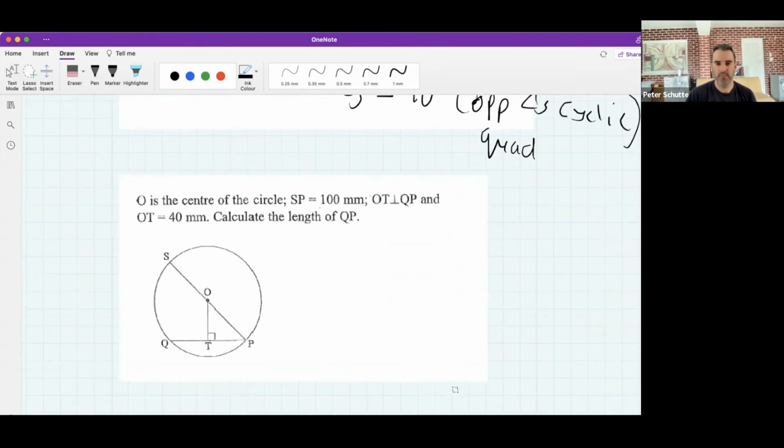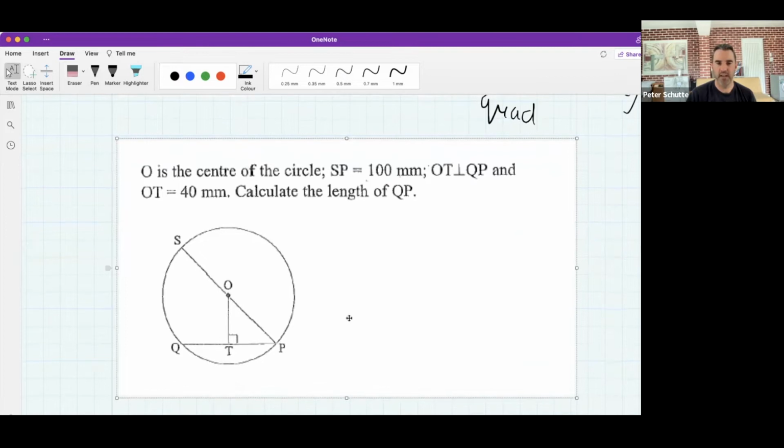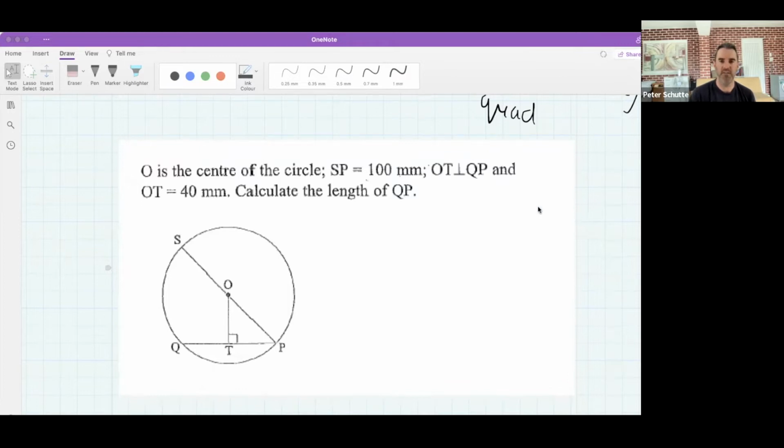So next one, little bit more detail. Let me talk you through the initial part of it. Whenever I see a question with more words, I take some time to just process it. So O is the center of the circle, which means the theorems that deal with the center of the circle might be in play.